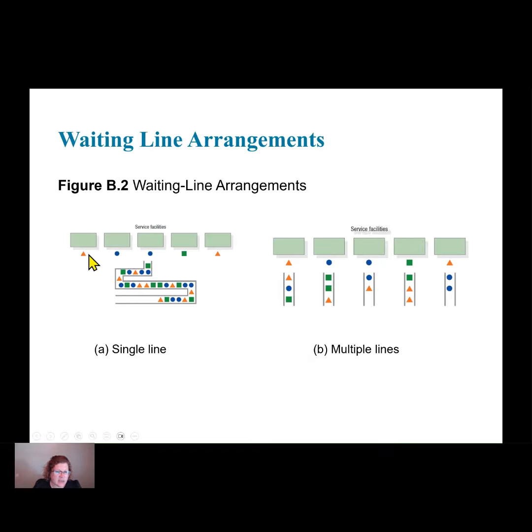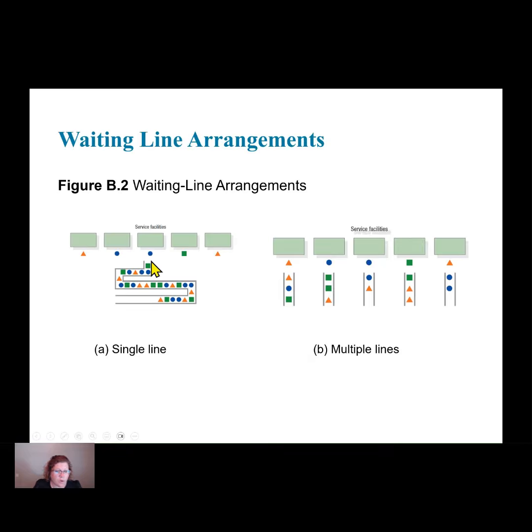Instead, it just delays that single person, but the line continues to move to the next available cashier. Whereas in a multi-line model, if you have a delay with the person in front of you in line, you're stuck. And so, if you want to design the most efficient waiting line that will get people through the system faster, you want a single line model.